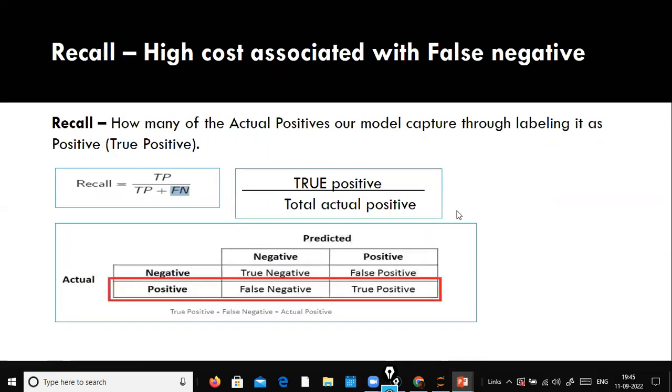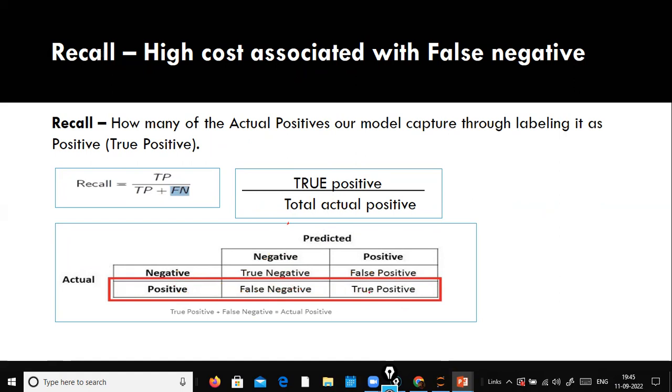In the case of recall, it is in the horizontal direction. Previously we looked at all the values vertically. Now we are looking at them horizontally. In this case, look here, the positive, right? These are all actually positive, but the false negative was wrongly considered as negative.